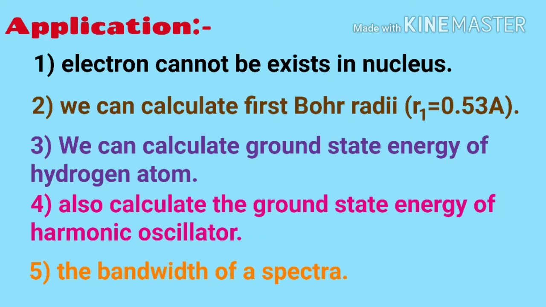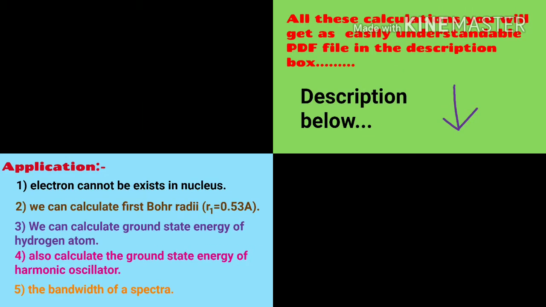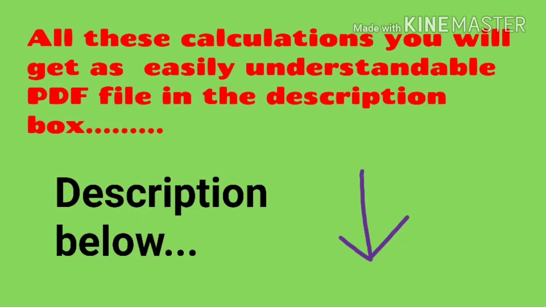We can also calculate the ground state energy of the hydrogen atom, and also the ground state energy of a harmonic oscillator, and finally the bandwidth of a spectrum, from the Heisenberg uncertainty principle. All these calculations you will get as an easily understandable PDF file in the description box.